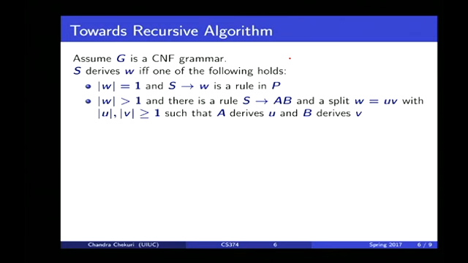Yeah? Okay. Now I get this humongous recursion, right? But what does the structure of each of those subproblems look like? What am I generating? Not as a tree. I may generate the same thing again and again, no? I may generate A derives U many times, right?